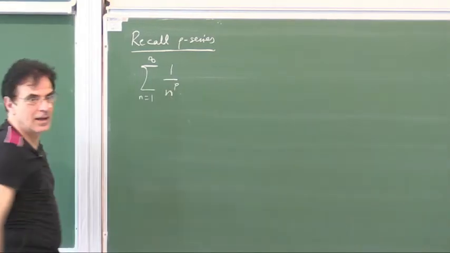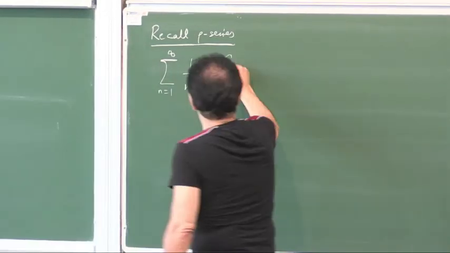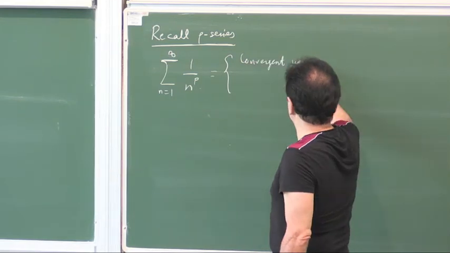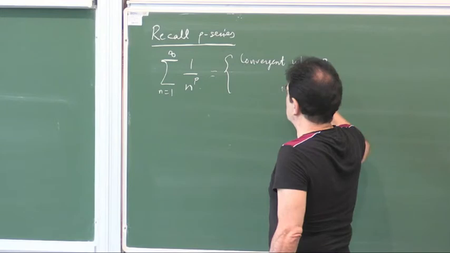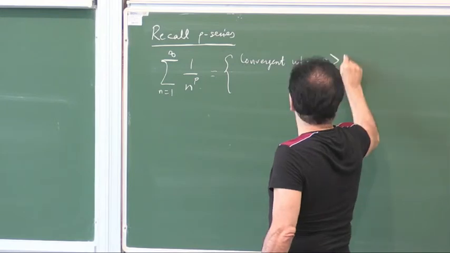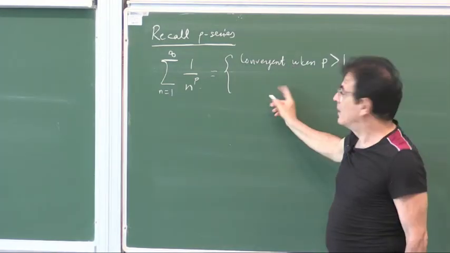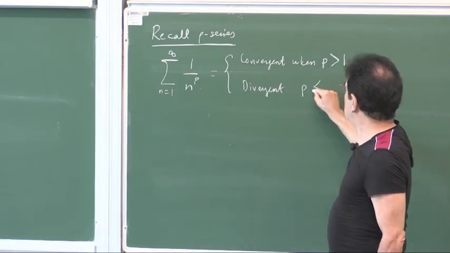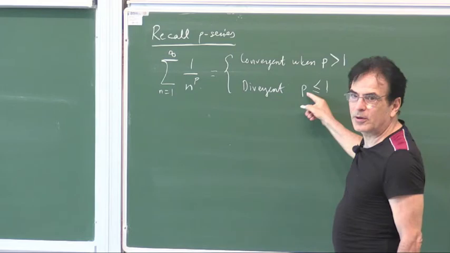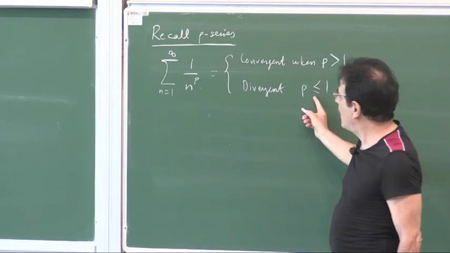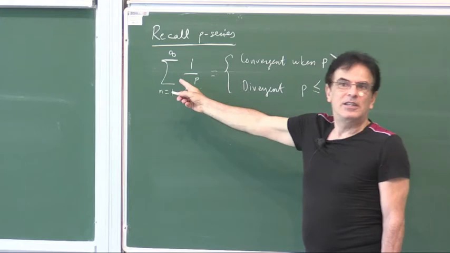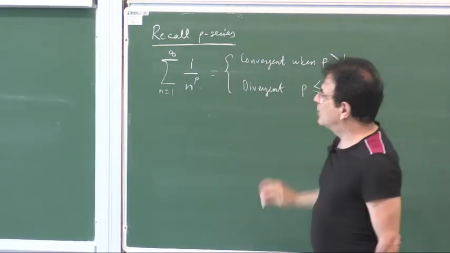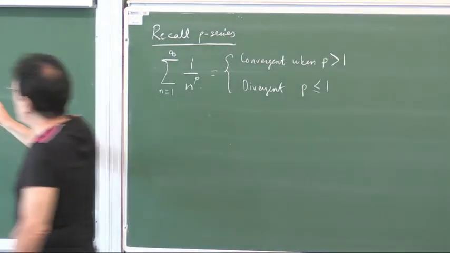This series is convergent when p is strictly larger than 1, and divergent when p is 1 or smaller than 1. The case when p is 1 is a special case called the harmonic series, which is divergent.